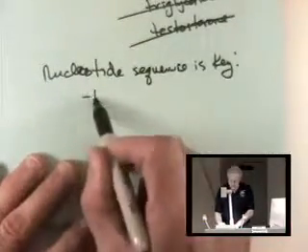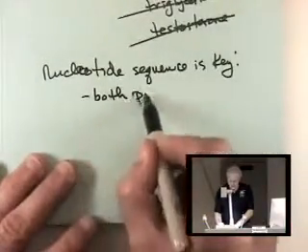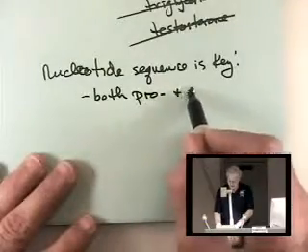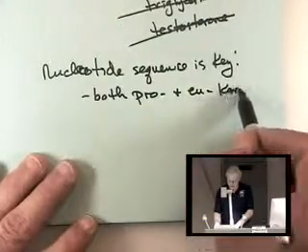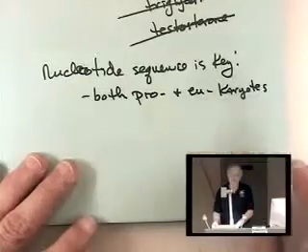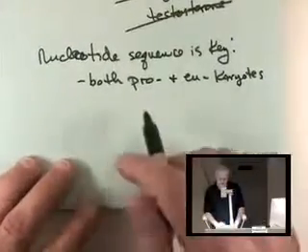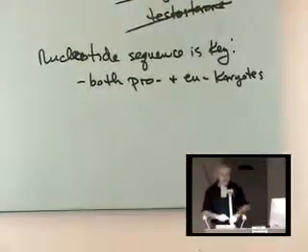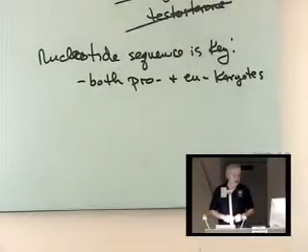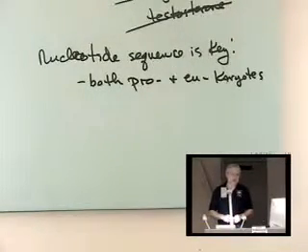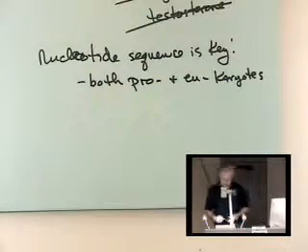And this is true for both prokaryotes and eukaryotes. Even in the microbes, the DNA sequence of nucleic acids dictates the nucleotide sequence in the RNA, which dictates the amino acid sequence in the proteins.